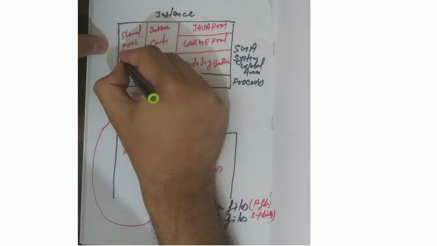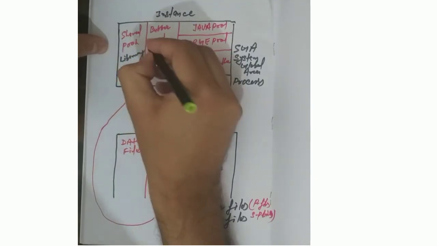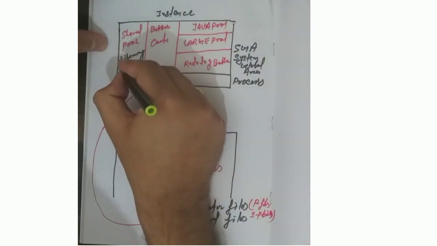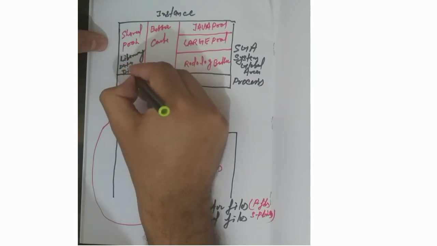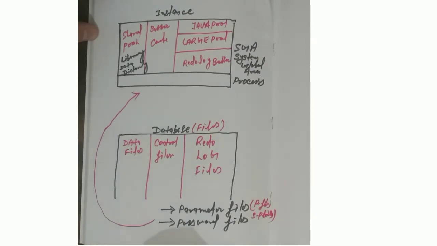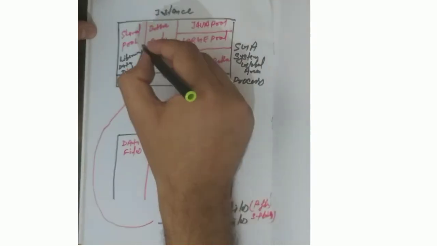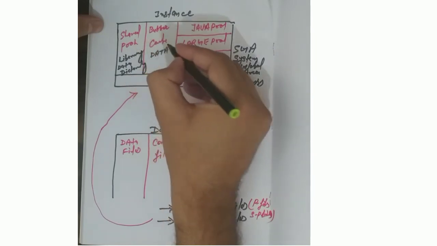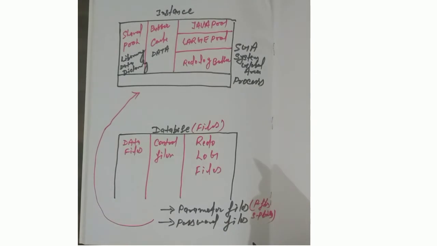The shared pool also has the library cache and the data dictionary cache. Basically the shared pool is the place where all the executables are available, like the PL/SQL code. In the buffer cache we have the queried data; basically the buffer cache helps to bring the data up.